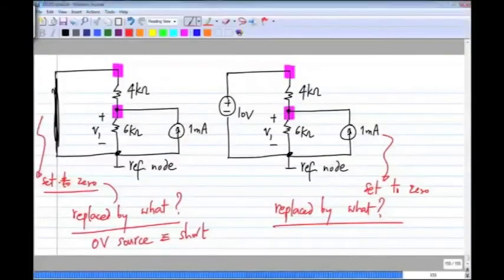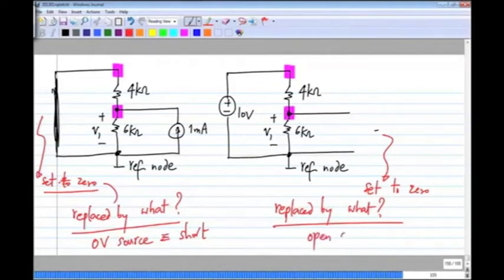So clearly I have to replace it with a 0 current source, and a 0 current means no current, which is an open circuit. Okay. So there should be no confusion in this.